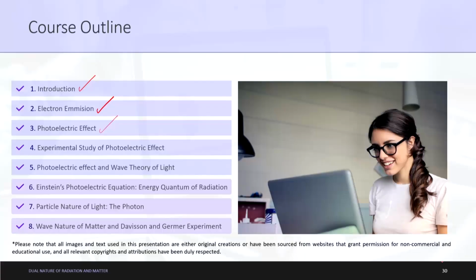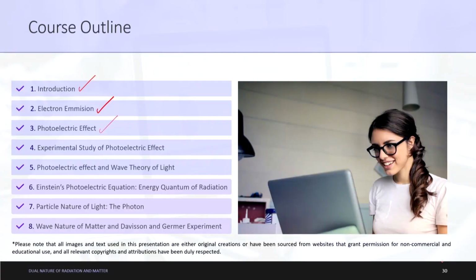So, this phenomenon in which electrons are ejected from the metal surface when it is irradiated by ultraviolet or visible light, depending upon the metal surface, is called the photoelectric effect.